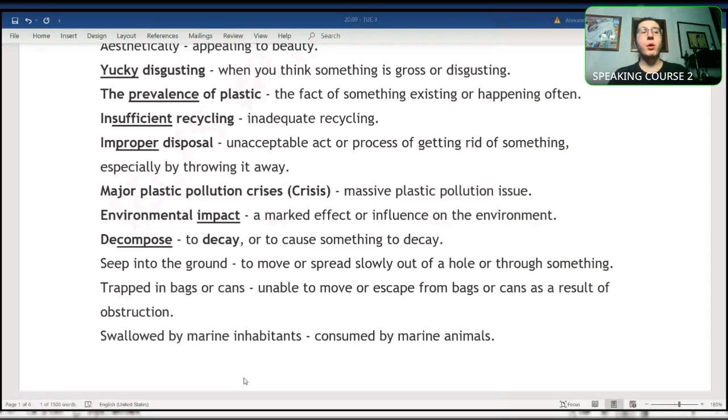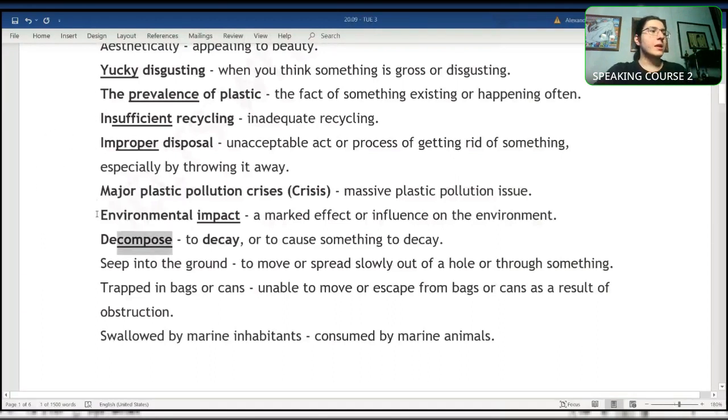For example, compose a piece of music means to make music from all of these little parts, like make a composition. Decompose means to take away all of the parts and make it into nothing, right? So composition is when a lot of things become one. Decomposition is when a lot of things become nothing. So basically, decompose means, in the environment especially, to become nothing.